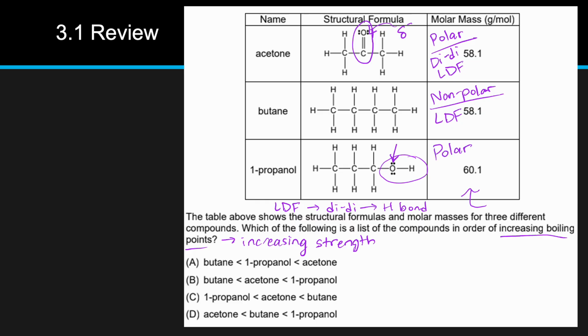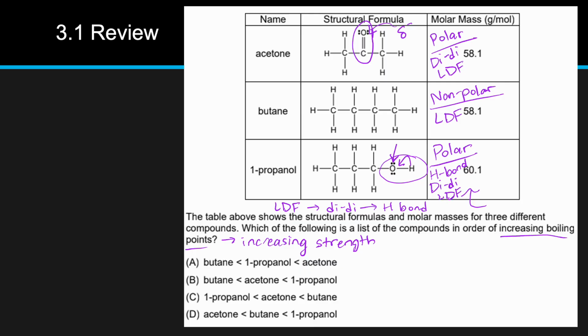But on top of that, it has a hydrogen that is connected to an F, O, or N, and because of it, this molecule can partake in hydrogen bonding. So this molecule has hydrogen bonding, it has dipole-dipole forces, and London dispersion forces.